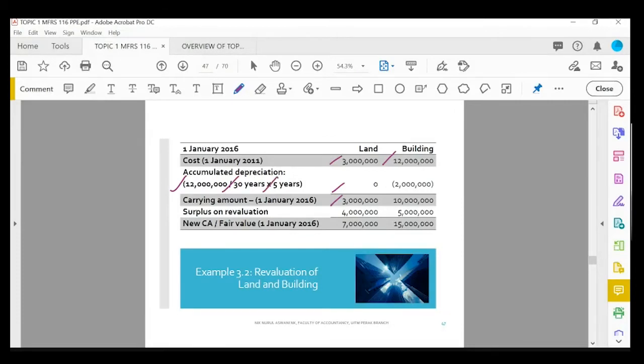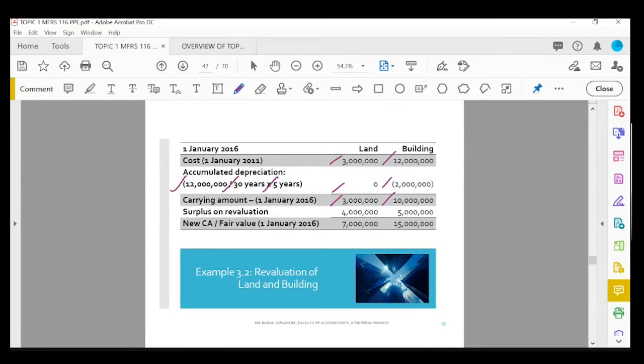Why? 2011, 12, 13, 14, 15. And then we want to find out the carrying amount on the date of revaluation, which is on 1st January 2016. So 5 years equals 2 million. Therefore, the carrying amount of building on 1st January 2016 is 10 million.